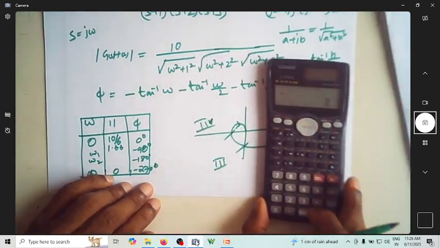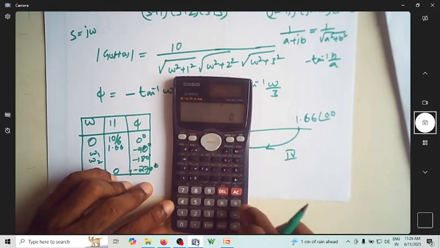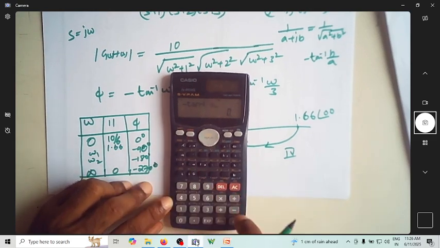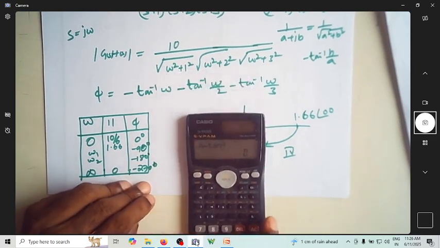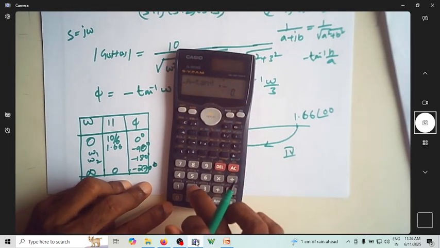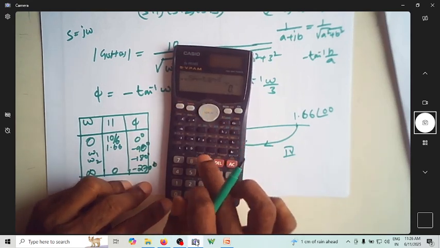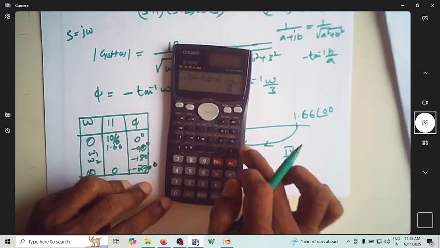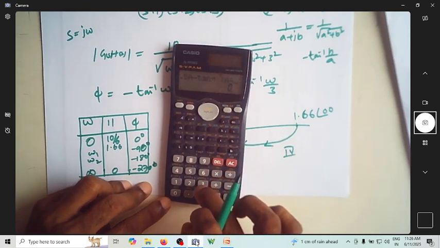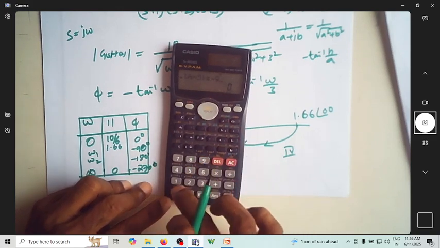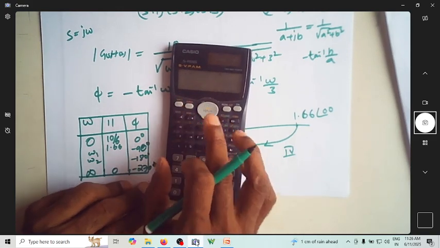What I'll do is equate minus tan inverse of alpha a, minus tan inverse of 0.5 alpha a, minus tan inverse of alpha a divided by 3, to minus 90 degrees.